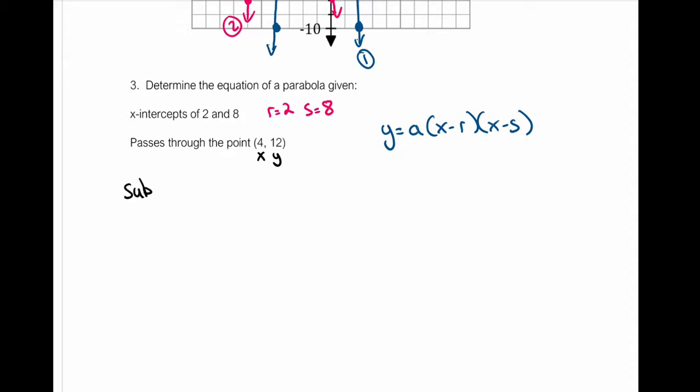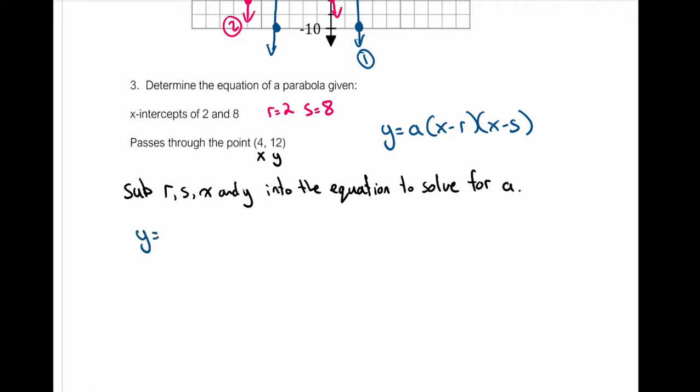So again, similar to what we did in our vertex form lesson. So sub r, s, x, and y into the equation to solve for a. So taking that equation, y equals a times x minus r times x minus s, I'm going to plug in all four variables.